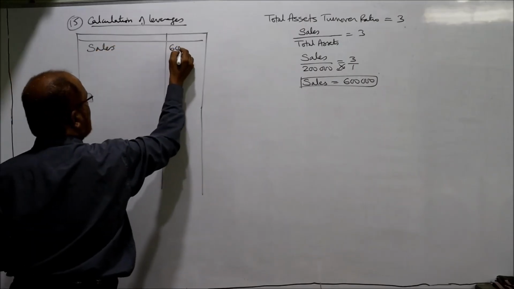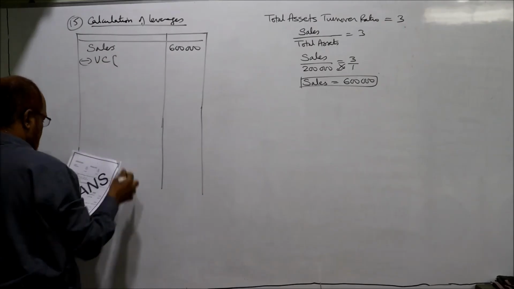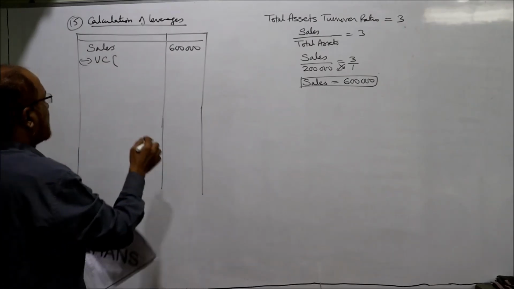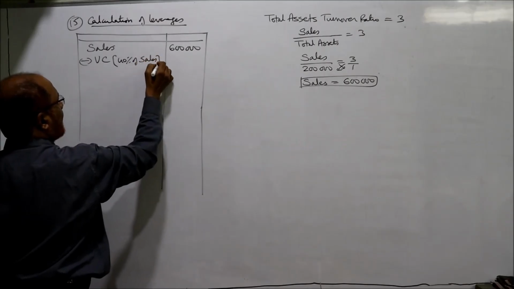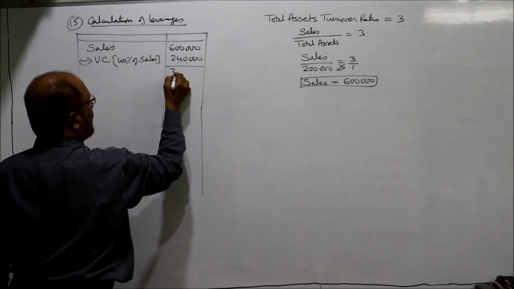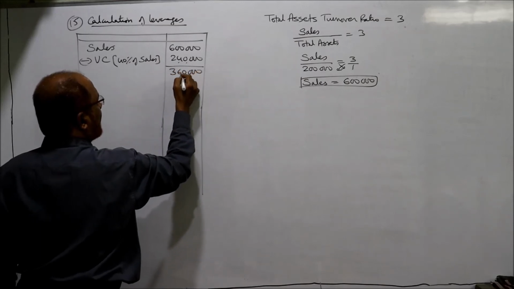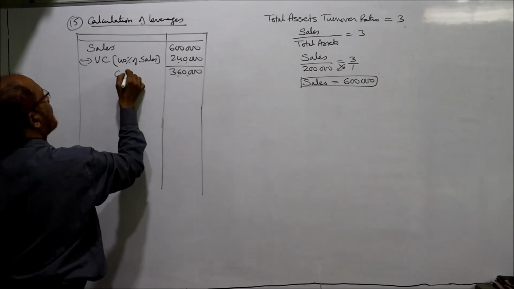Sales, which we have just calculated, is 6 lakh, less variable cost. Variable cost is given in the problem as 40%, which is 2,40,000. So 3,60,000 is our contribution.